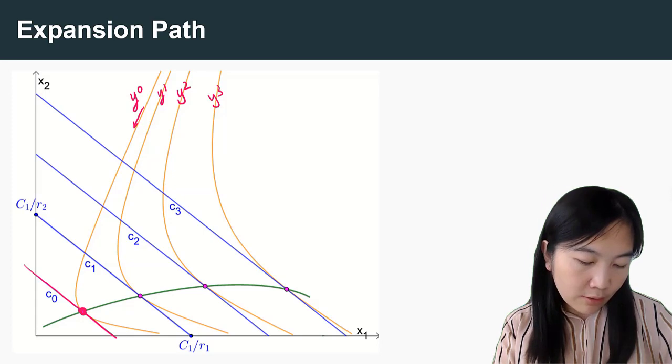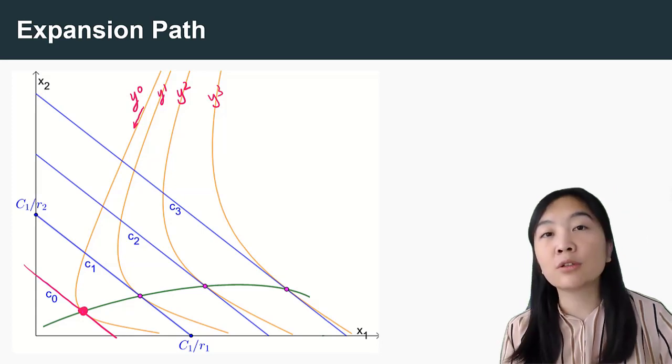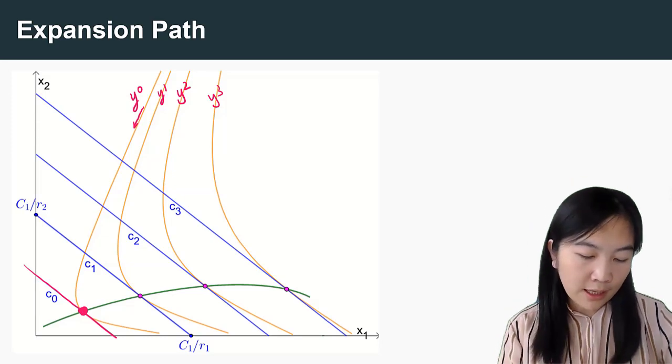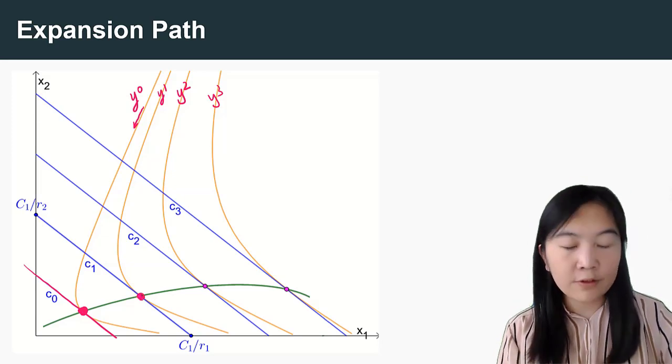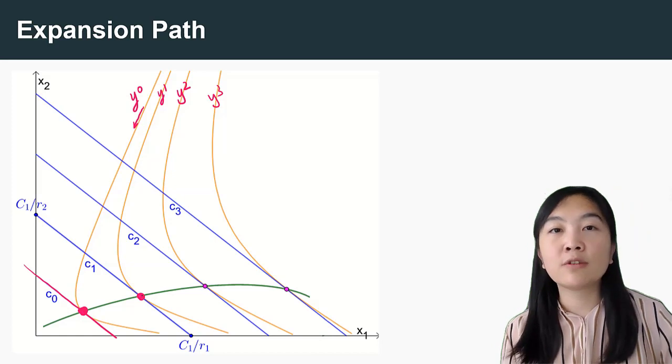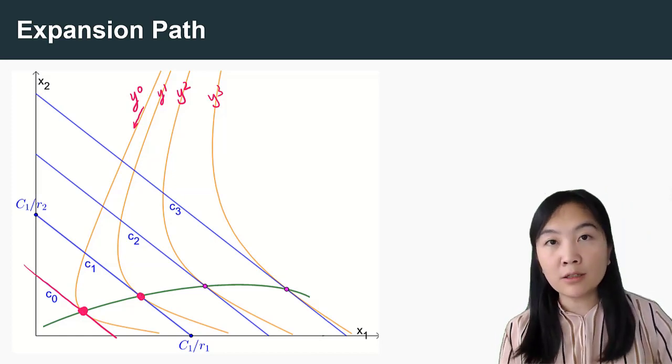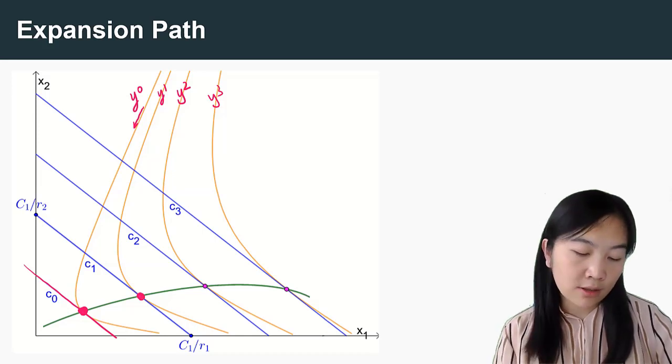Then we find one solution to the cost minimization problem for that level of output. And if we move to a different output level, then we have to solve another problem and find the point where the isoquant and isocost are tangent to each other.